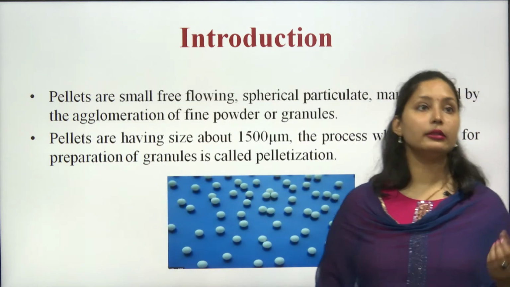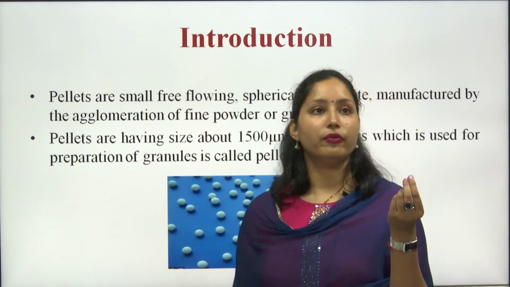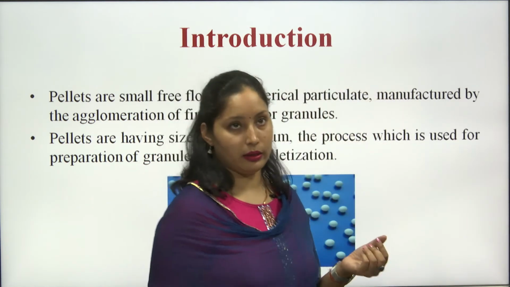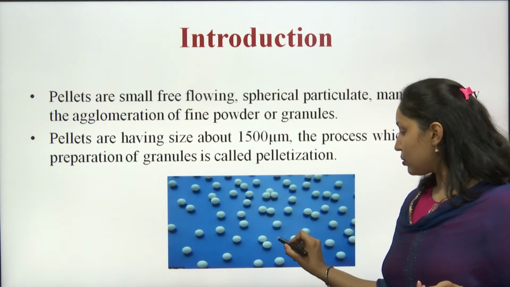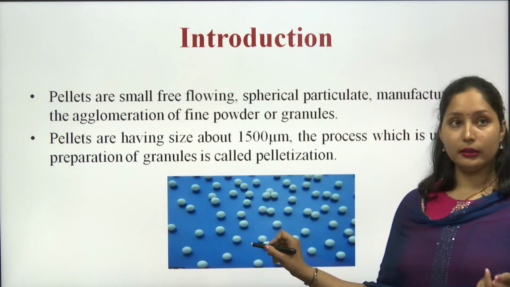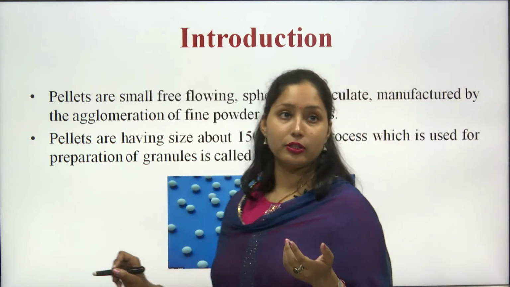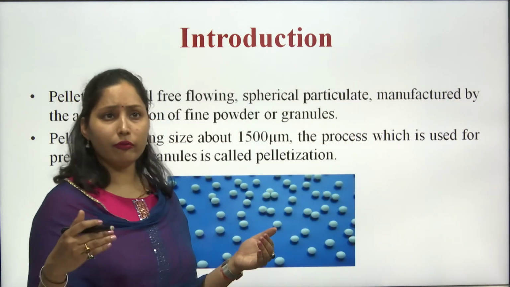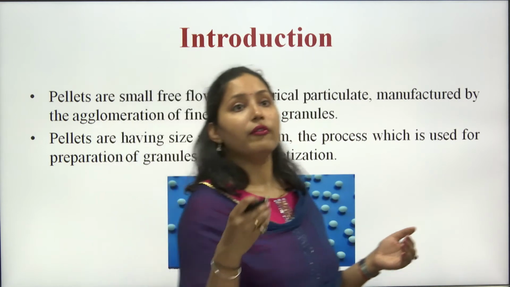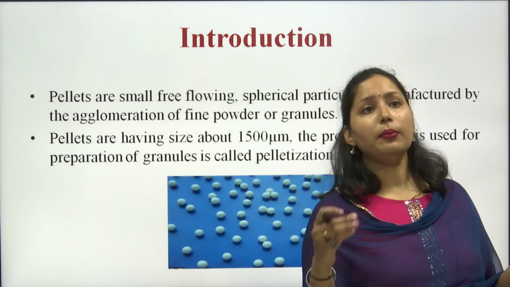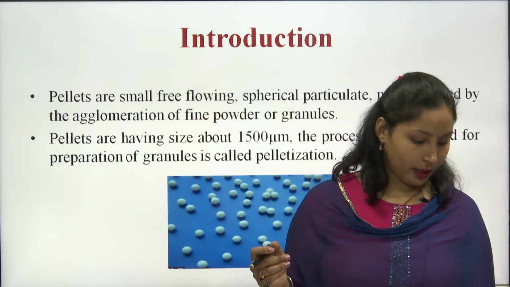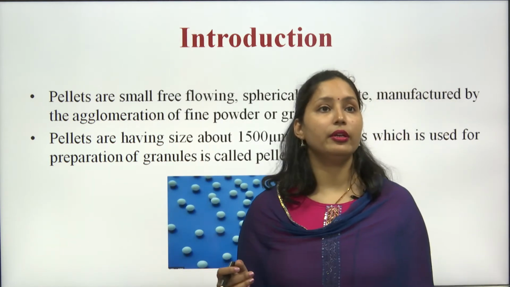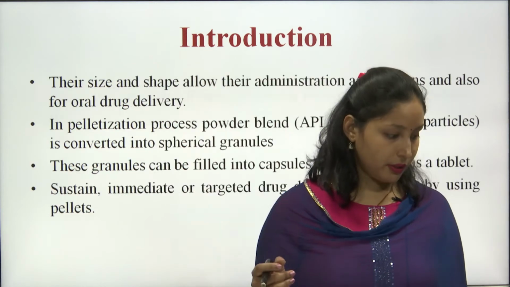So, what are pellets? These are small, free flowing, spherical particles. As we saw in the figure, these are small spherical particles and they are manufactured either by converting the powder into fine spherical particles or by manufacturing the granules, and they have a size range of up to 1500 micrometer.